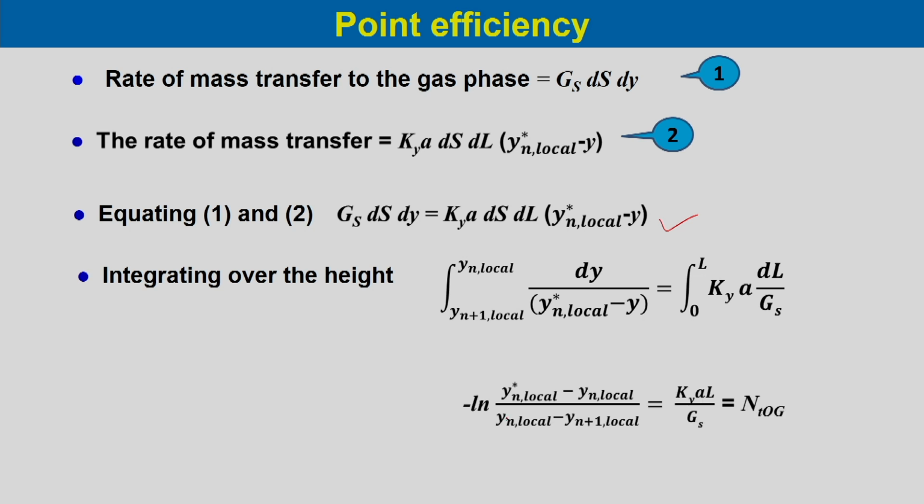From here we get ln[(yn star local minus yn plus 1 local) divided by (yn star local minus yn local)] equal to Ky a L by Gs. This is defined as NTOG, the number of transfer units for the gas phase.